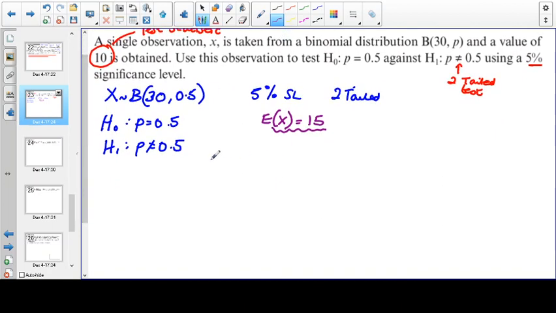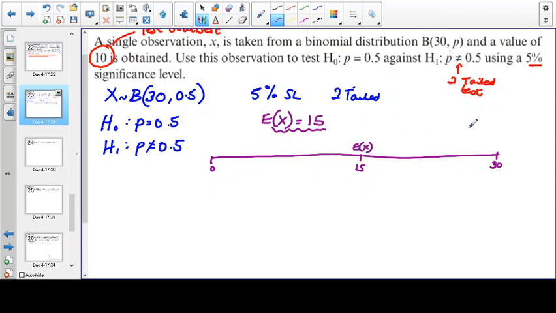I'm just going to draw a number line. So there are 30 trials. The expected outcome is 15. This is the default probability, and we are looking to see if actually that probability is not 0.5, it's something else.